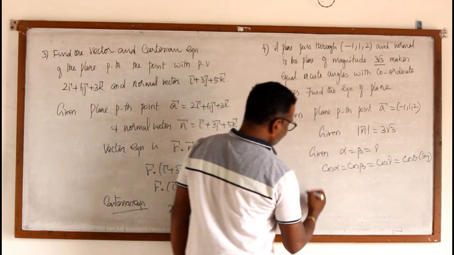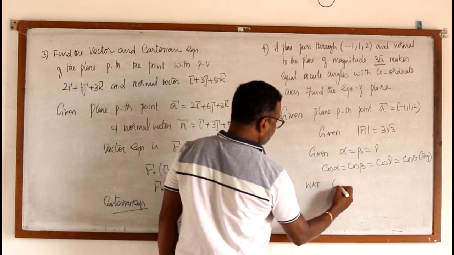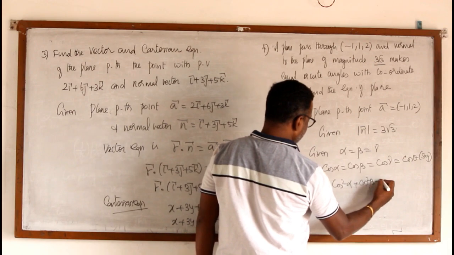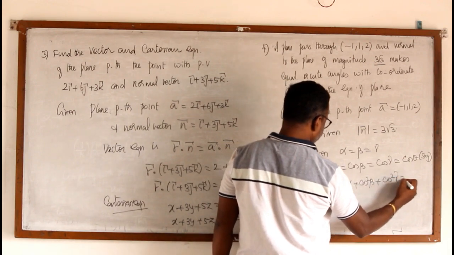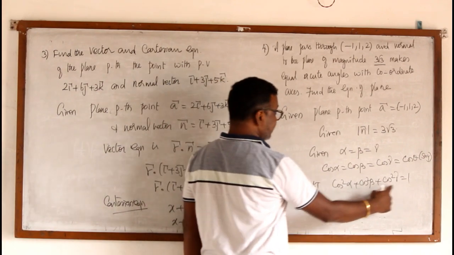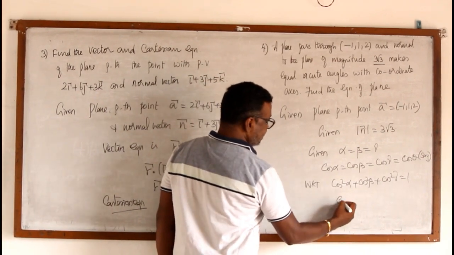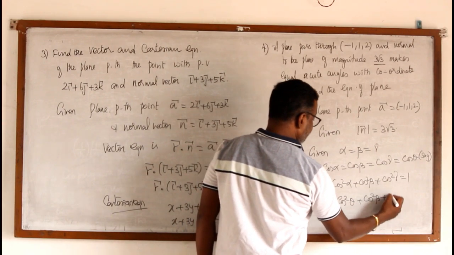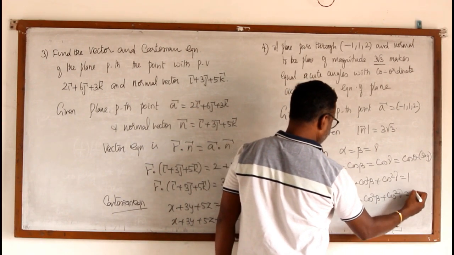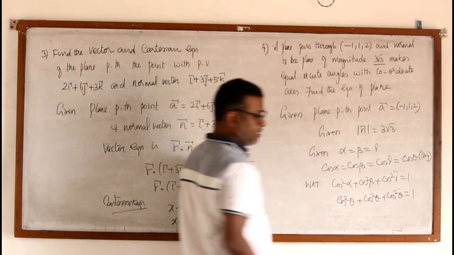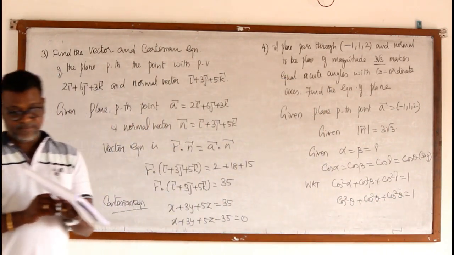We know that cos squared alpha + cos squared beta + cos squared gamma equal to 1, the sum of the squares of the direction cosines is unity. Instead of alpha, I put theta: cos squared theta + cos squared theta + cos squared theta equal to 1.